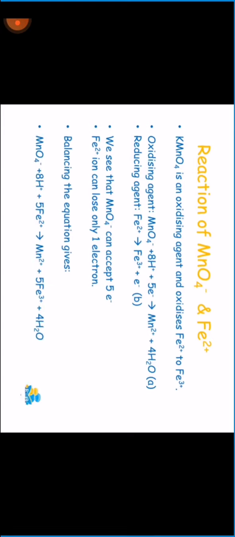So balancing your equations gives you the following, where we have 5 irons reacting with every 1 manganese. So that means in general our ratio in our potassium permanganate and iron titrations will be a 1:5 ratio, which is MnO4- to Fe2+.